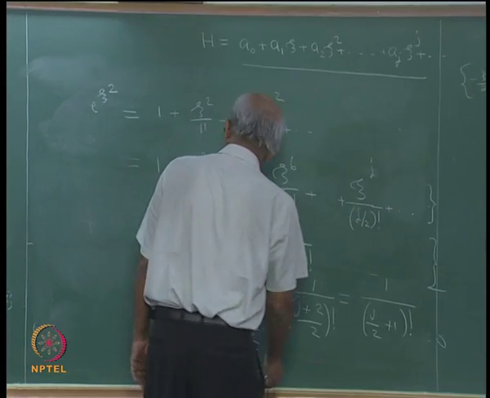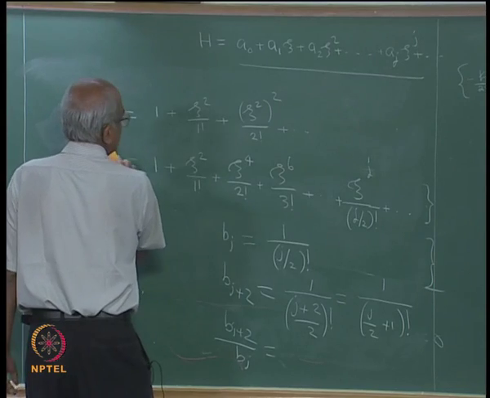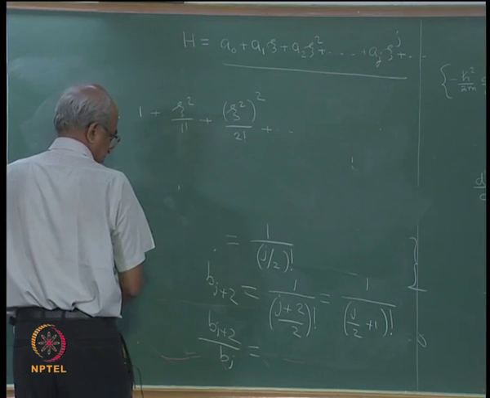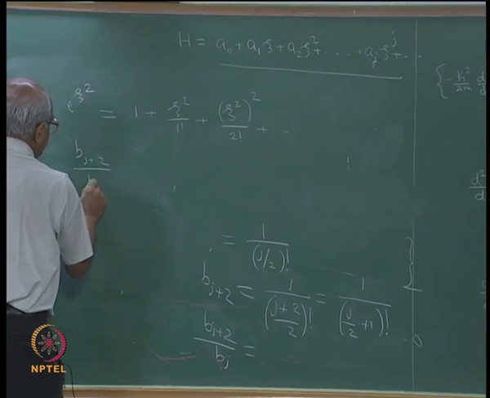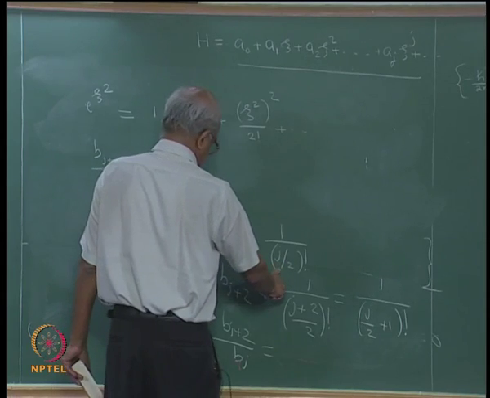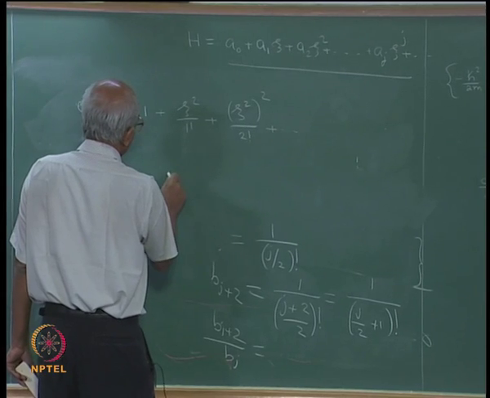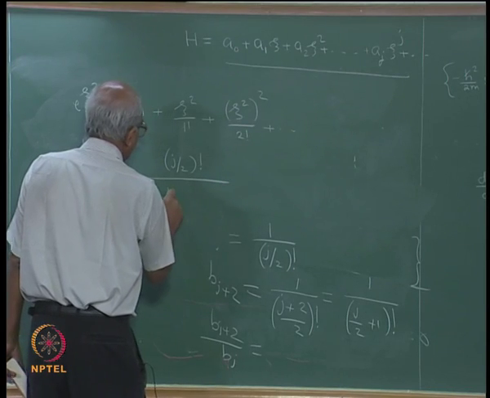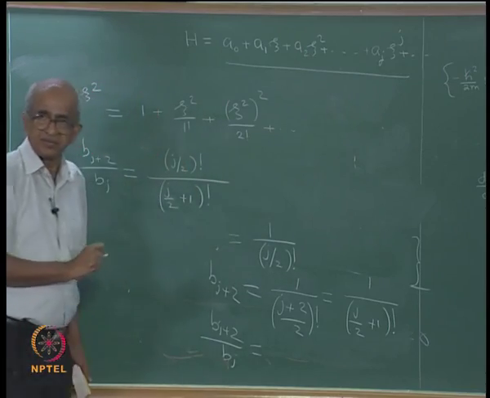Well, the answer is, unfortunately I ran out of space there, difficult for me to write. bj plus 2 divided by bj will be equal to (j by 2) factorial in the numerator divided by (j by 2 plus 1) factorial in the denominator.